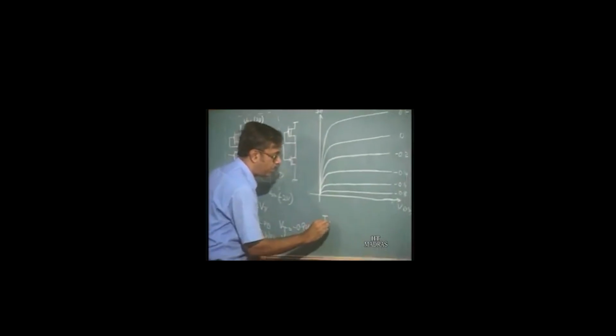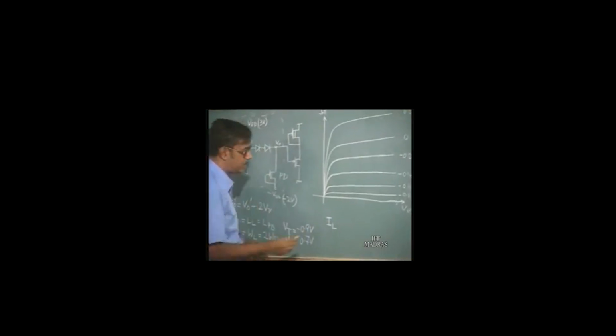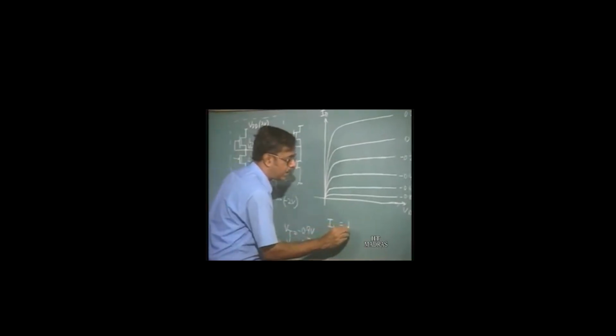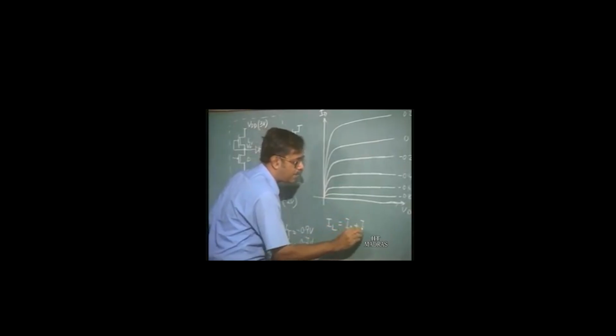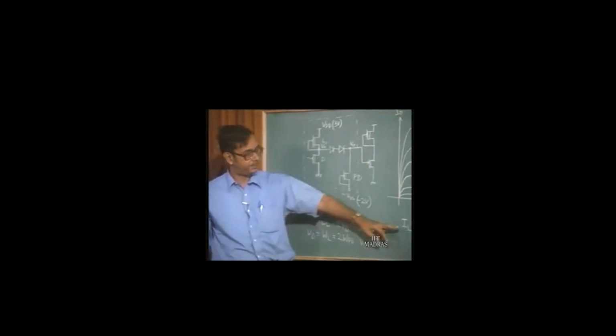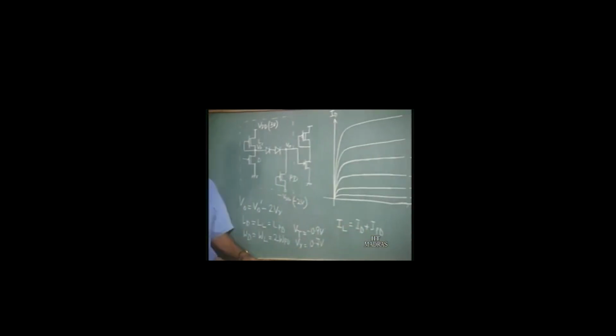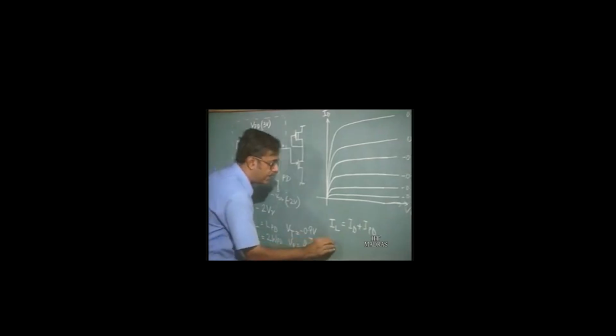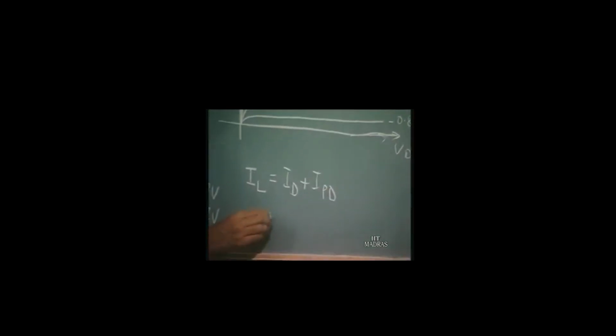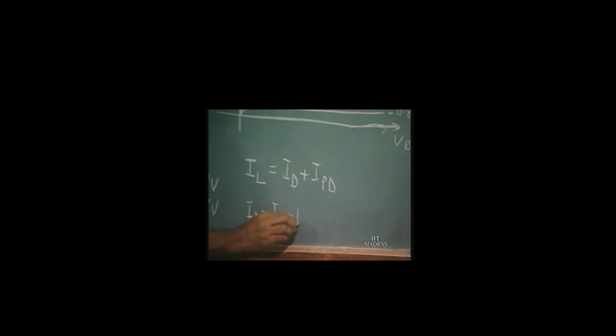So, the current of the load transistor is equal to the current of the driver transistor plus the pull down current. All right. So, the load current is equal to driver current plus the pull down current, which means effectively that ID is equal to IL minus IPD.